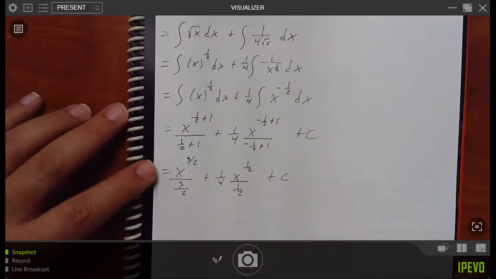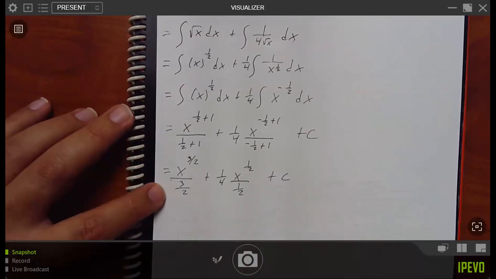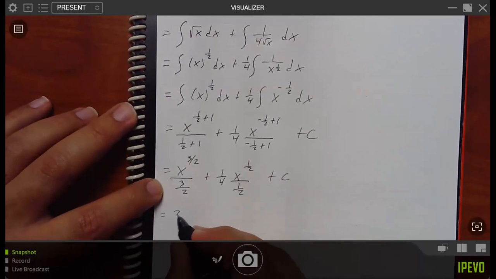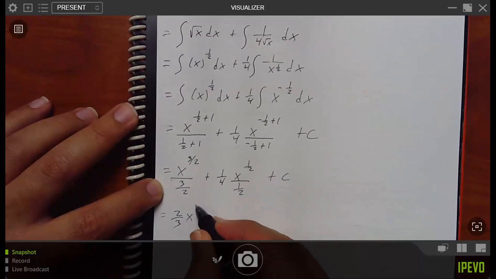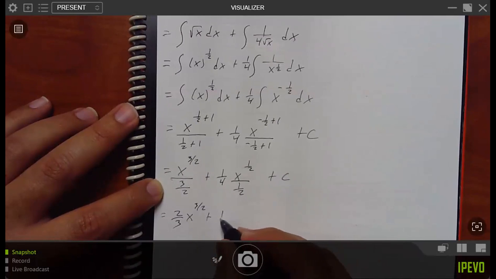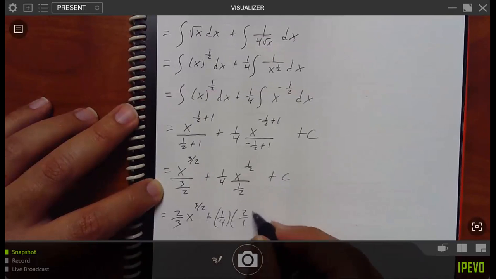So now we deal with these fractions. We're dividing by fractions, so that's the same as multiplying by the reciprocal.